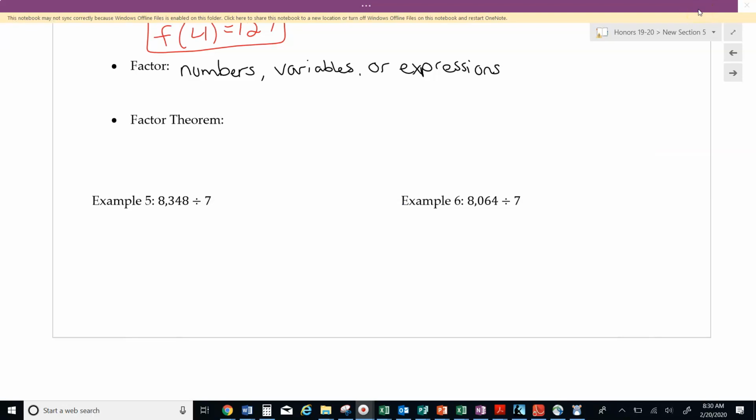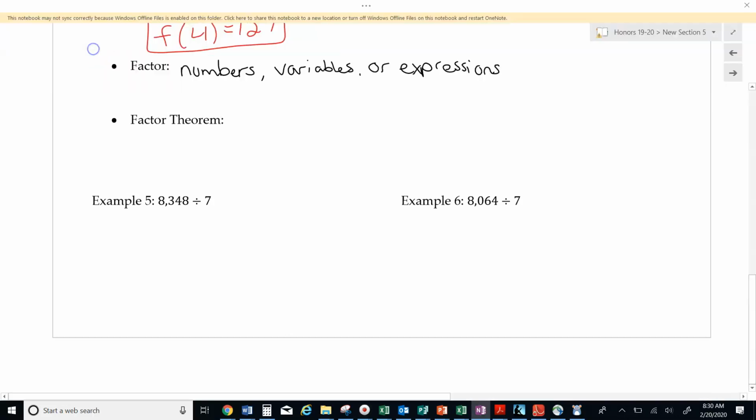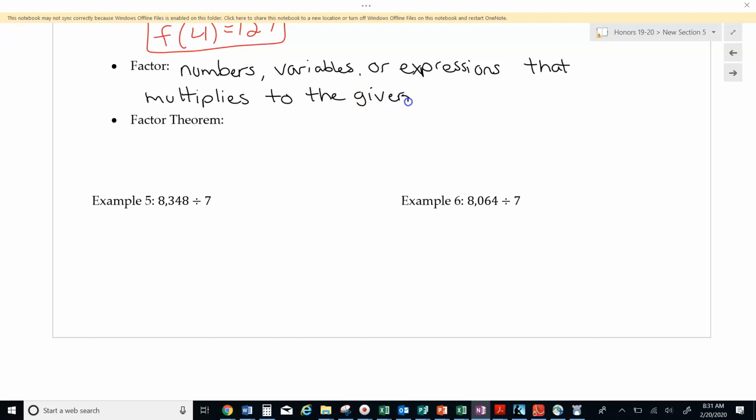Some of these things we've been seeing already, right? So that's what I mean by expression, okay? That multiplies to the given polynomial.